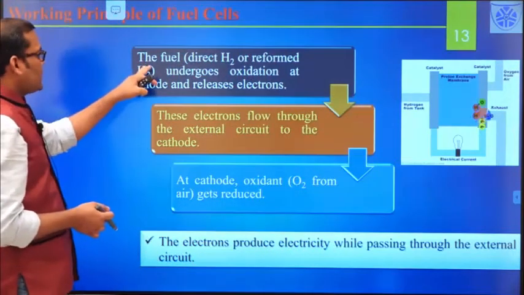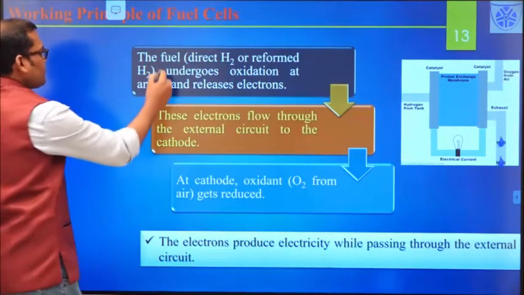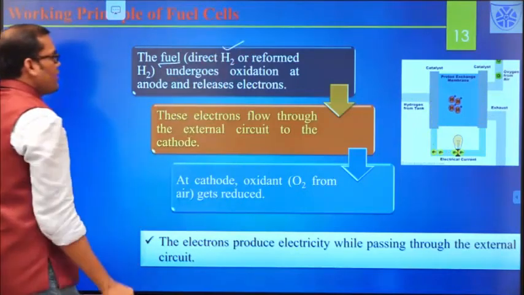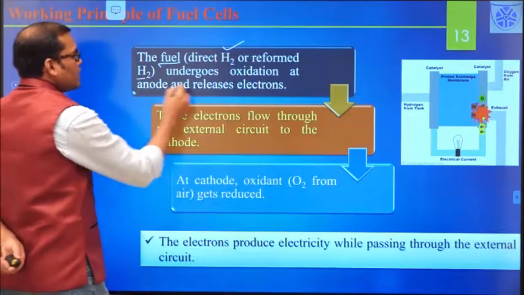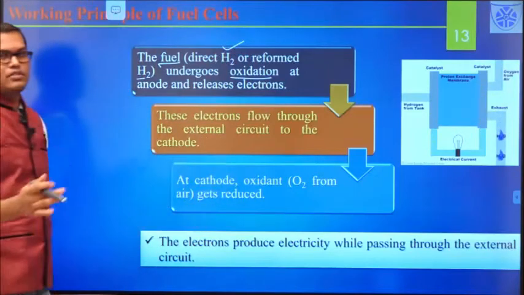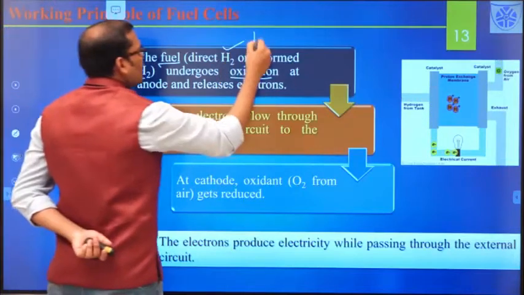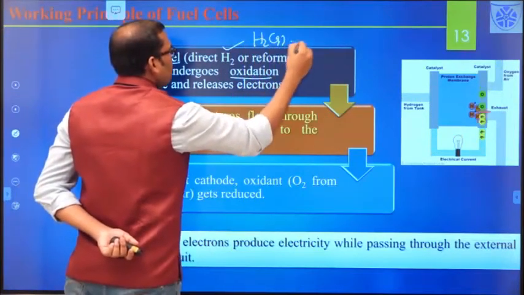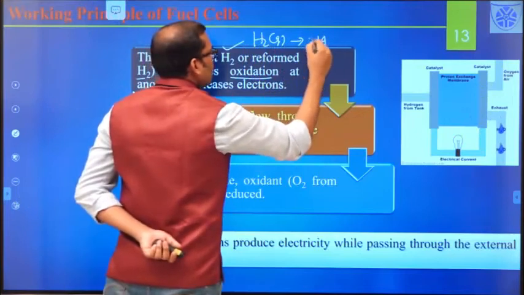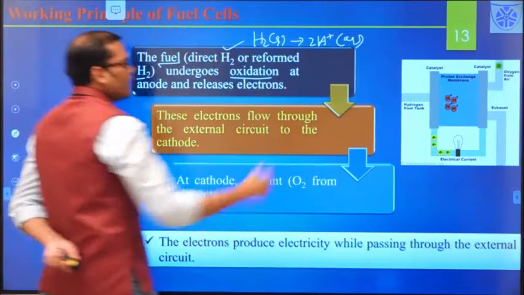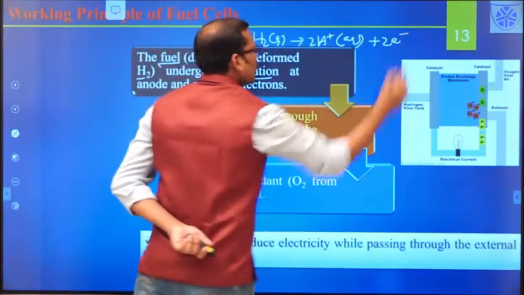So what is happening? At the anode, the fuel, that is direct hydrogen or reformed hydrogen, undergoes oxidation. So at the anode oxidation occurs. If you pass the hydrogen through the anode, your hydrogen, which is in gas form, becomes H plus, right, plus 2 electrons.